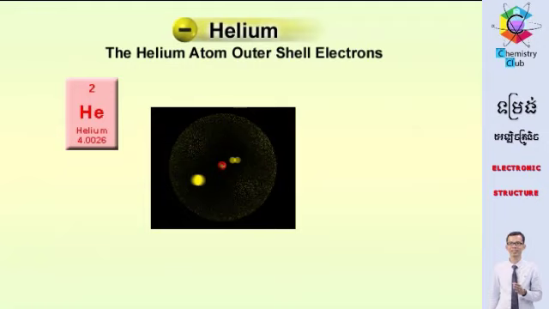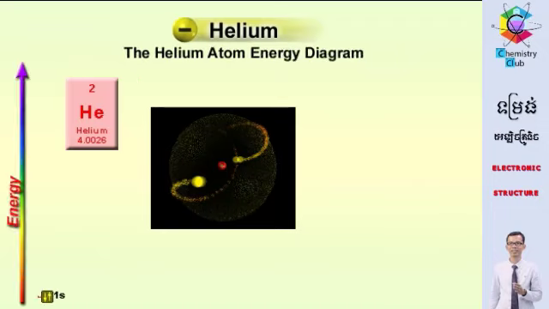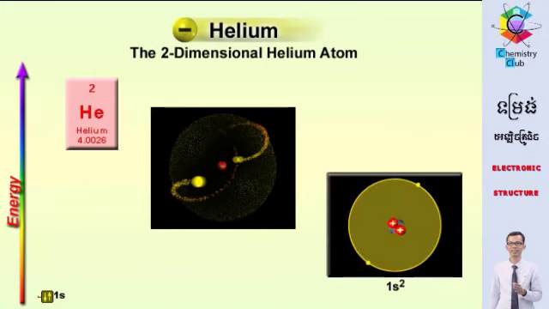Helium, with 2 protons, has 2 electrons. 1s2 in the chemist's shorthand, meaning that there are 2 electrons in the 1s orbital. These two electrons fill the first level, since it has only the s sublevel with its single s orbital. The orbital is still spherical, but now it contains two electrons with opposite spins.